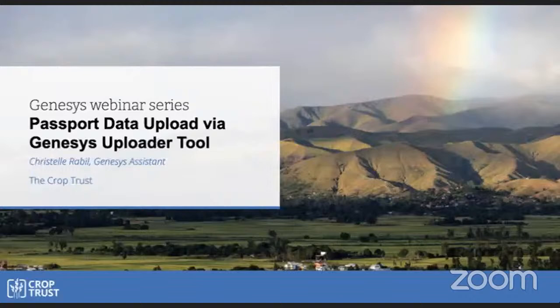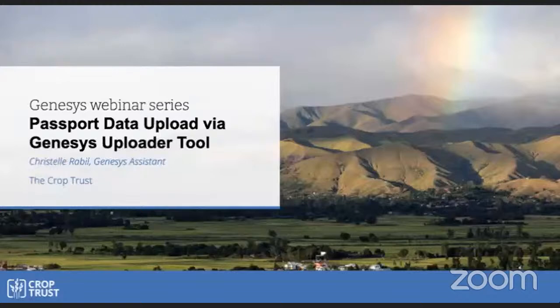We will start first by downloading the Genesys Uploader in its latest version, version 2.2. If you are a partner who already has the uploader, please make sure that you are using the latest version. If you are a new partner, then this demonstration will help you install it and get started.